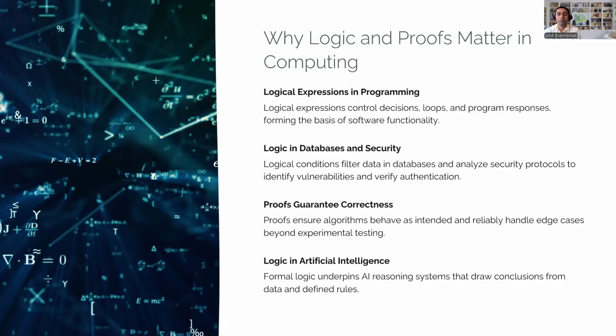For example, proving that an algorithm always terminates or always produces the correct output can be more reliable than running it on many sample inputs. Logic is also foundational in emerging fields such as artificial intelligence, where reasoning systems use formal logic to draw conclusions from data and rules.